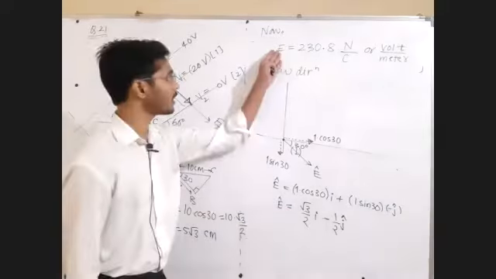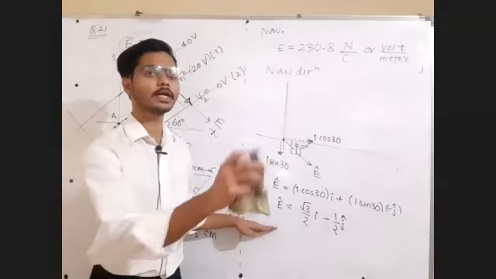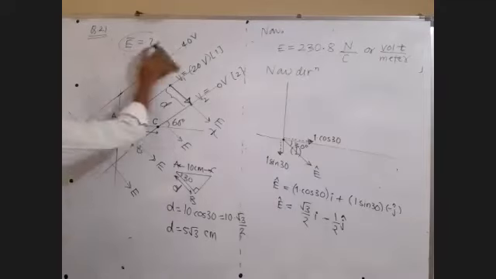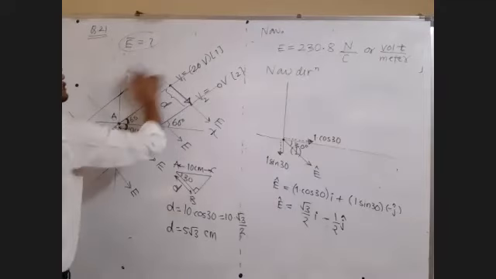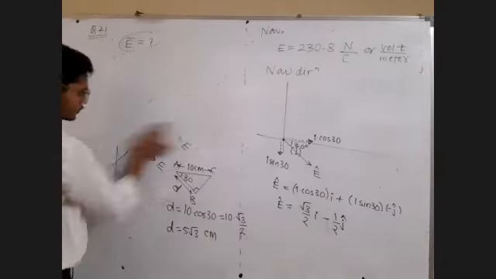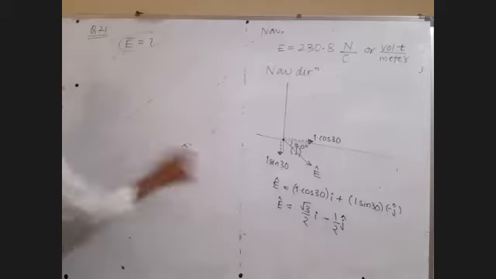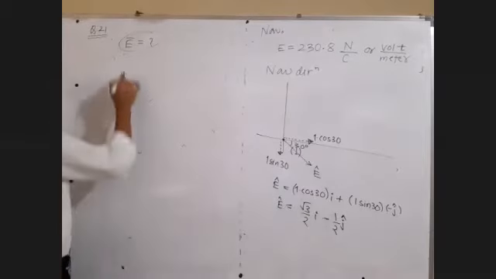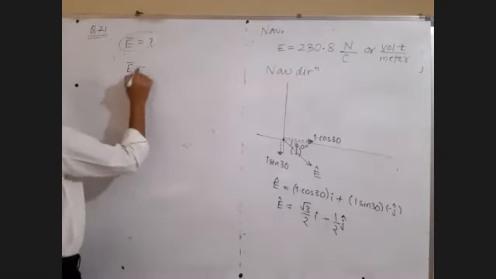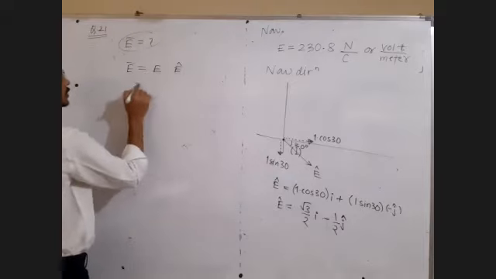You have the magnitude, you have the direction, just multiply these two to get the final vector. Chalo, E bar is equal to magnitude of electric field into the unit vector of electric field.